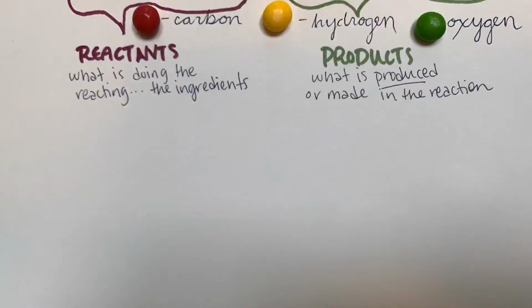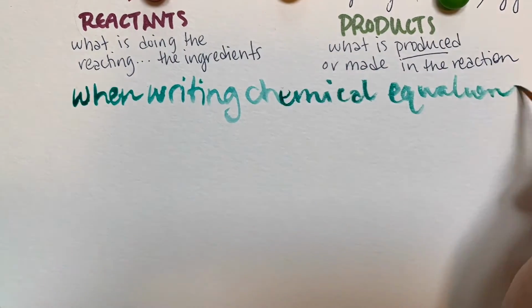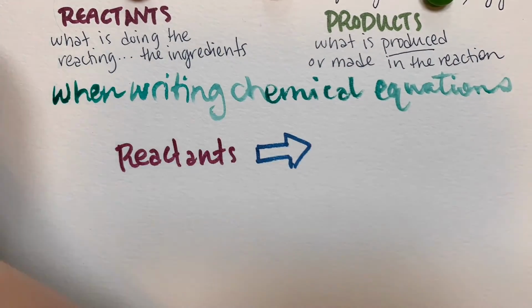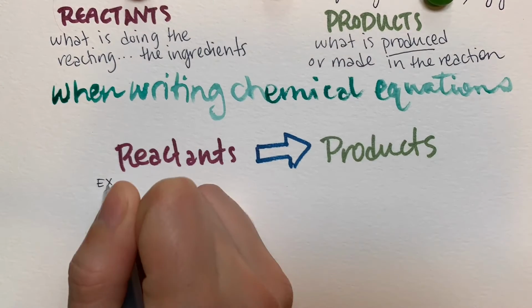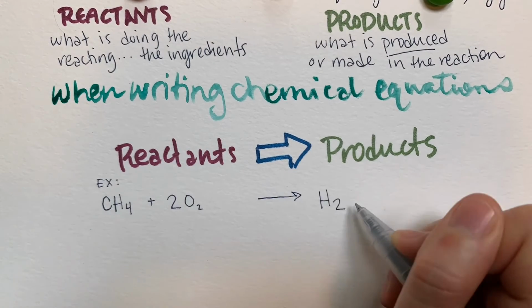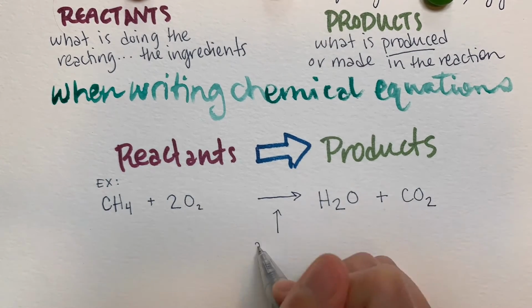They are what is produced by the reaction. When writing a chemical equation, we use the chemical formulas of the substances involved, an arrow to show which substances are the reactants and which are the products, and plus signs to separate chemical formulas when there is more than one reactant or product involved.